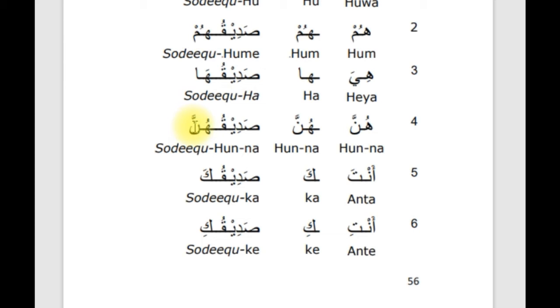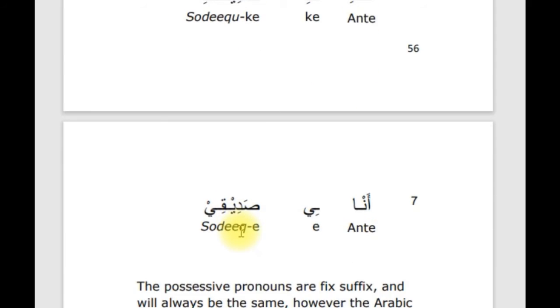Anta, I use the suffix ka. Sadiquka. Same word, sadiq, I just add ka. Sadiquka. It becomes your friend. Anti, I need to use ki. It becomes sadiquki.